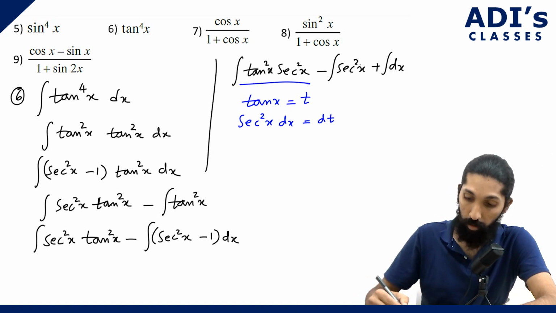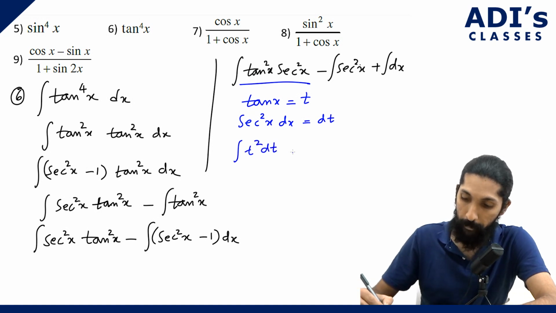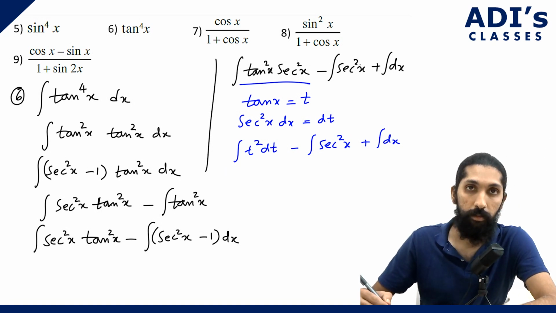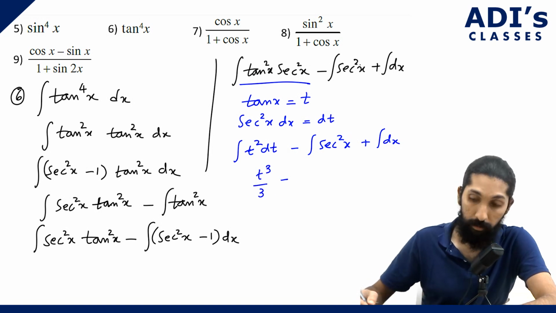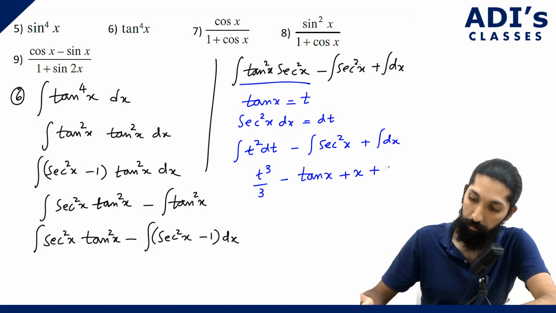So you'll get integral of t square dt minus integral of secant square x plus integral of dx, right? See, integration of t square is what? t cube divided by 3 minus tan x plus x plus c.